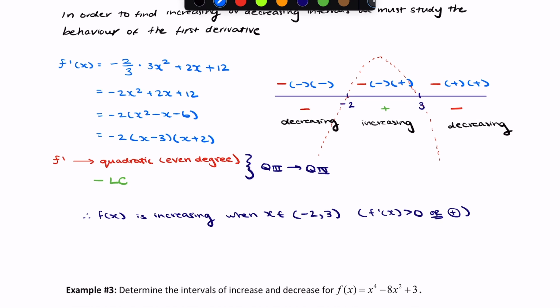And then we can see that f of x is decreasing when x is from negative infinity to negative 2, and from 3 to infinity. And here, this is when f prime of x is less than 0, or negative.